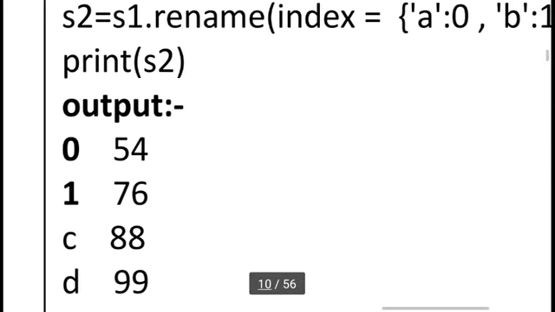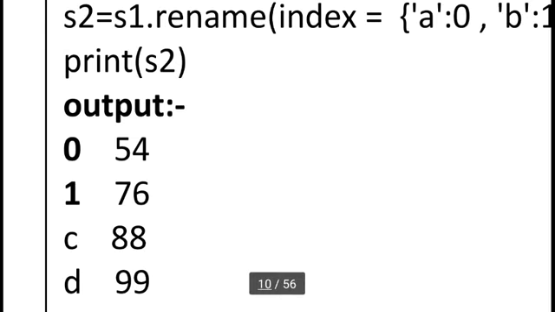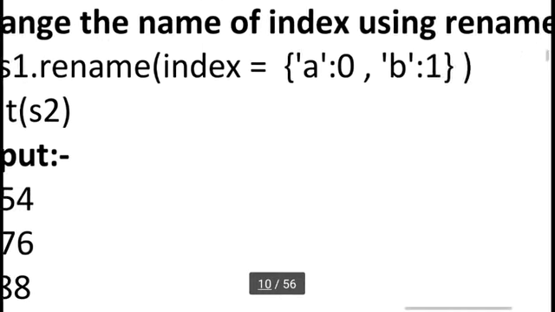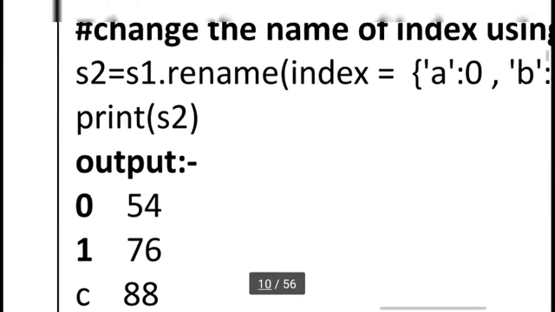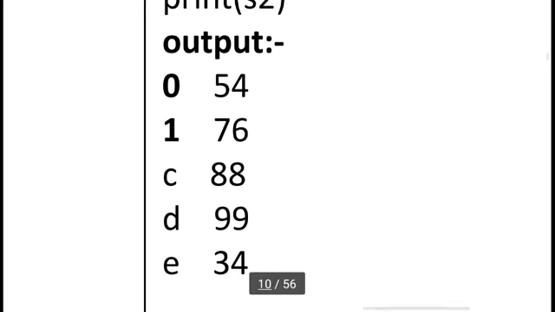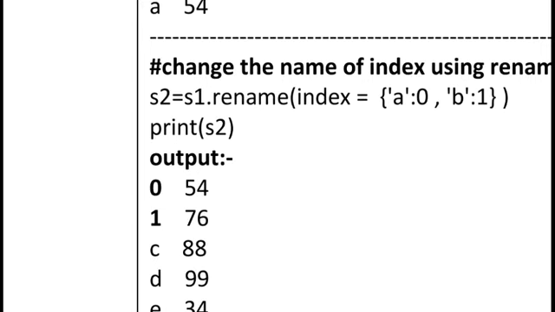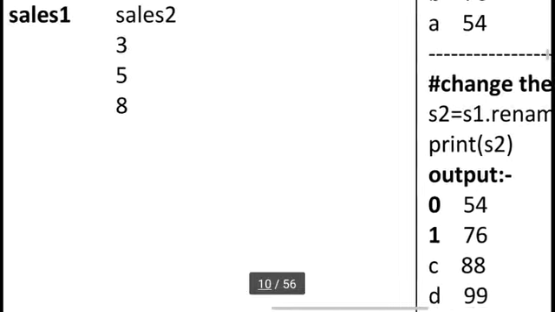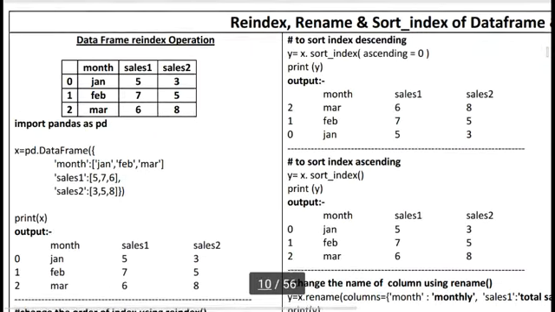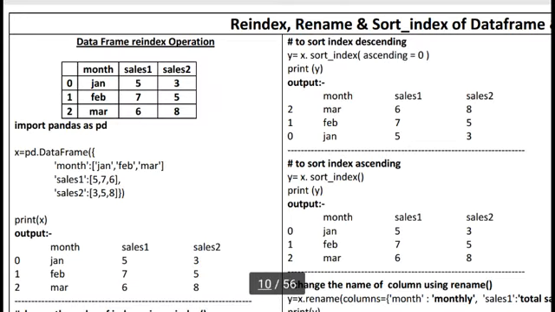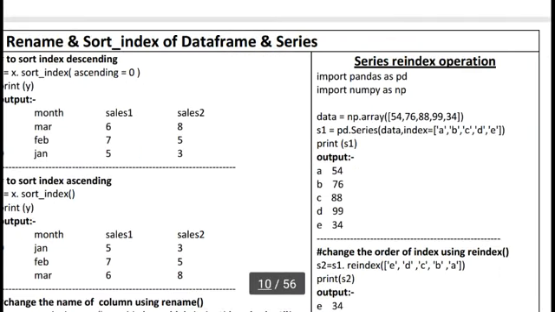So you can see here A index is 0, B is 1. Instead of B you can see 1. So the rename and reindex methods also work on a set of values, in a particular data frame, a 2D structure, and a 1D data structure.